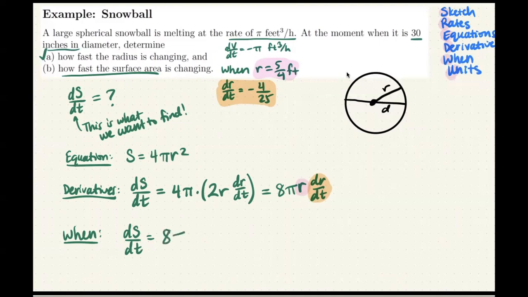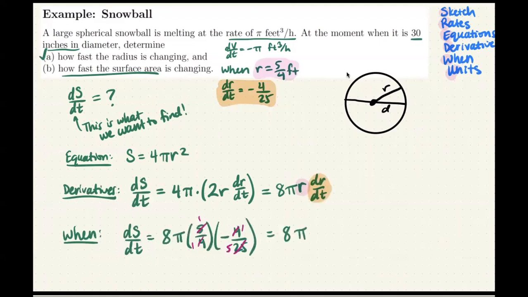So I have 8 pi times r, which is 5/4, times negative 4 over 25. We can simplify this a little bit. These 4s cancel out, and 5 goes into 25 5 times. I don't know why I did this whole problem in green pen, but hopefully that's okay.